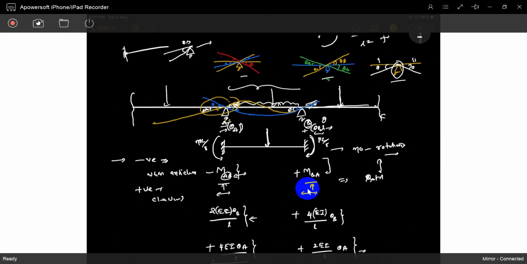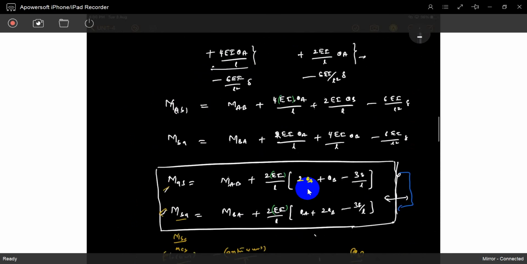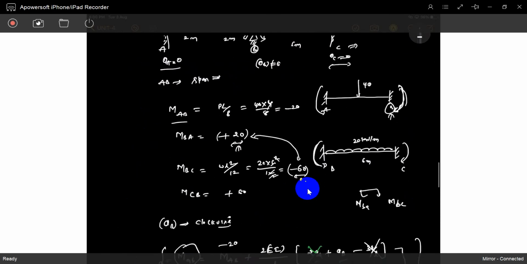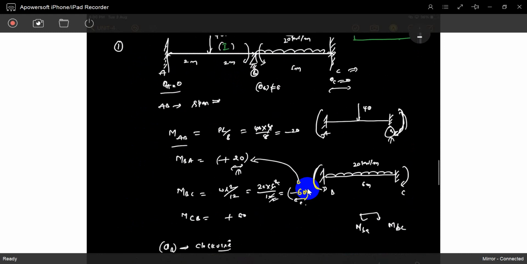First, based on the direct loading, we took B as a fixed support. We get MBA as 20 and MBC as 60. Both are not equal because B has experienced some rotation, which we didn't consider.